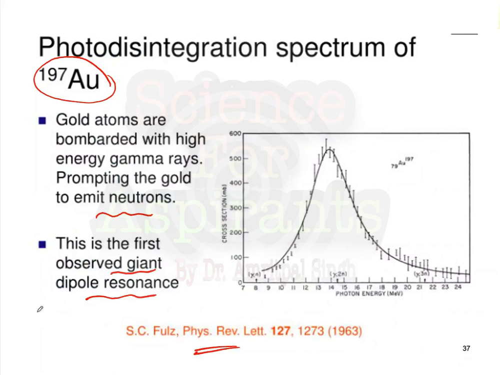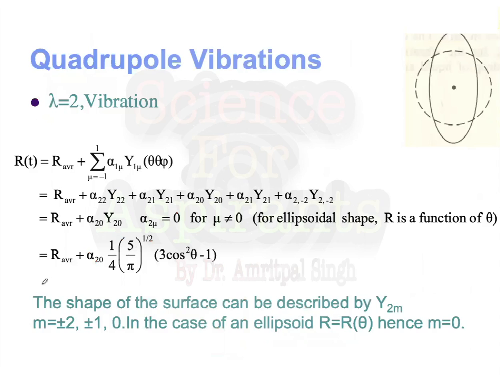From this experiment it proves that the giant dipole resonance, giant quadrupole resonance, or giant octupole resonance exist, with the nucleons interacting with these outermost particles.